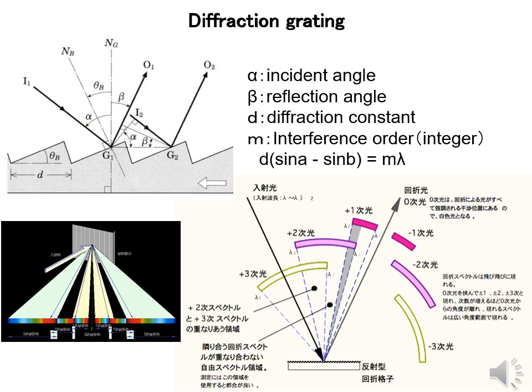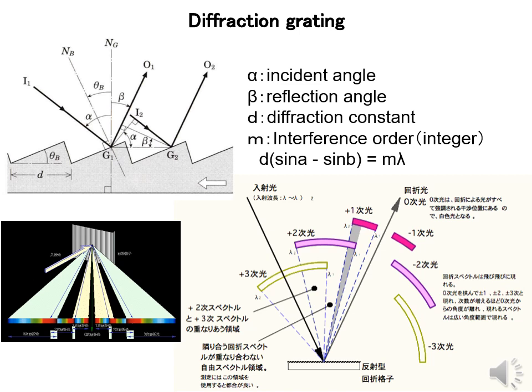The optical path difference between the reflected light O1 and the reflected light O2 corresponds to the length of the line segment shown in blue, and is d sin beta when the reflection angle is beta. Together, the optical path difference between the light reflected by G1 and G2 is d (sin alpha + sin beta).